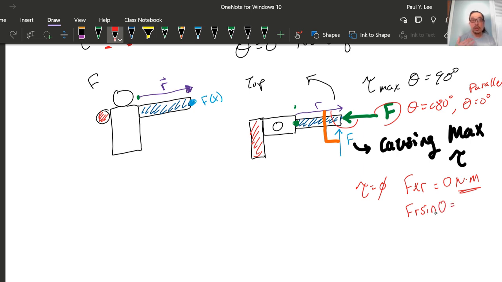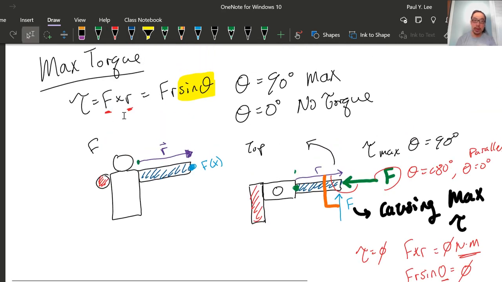So even if the person is pushing into your arm at a distance away from the axis of rotation, because it's not at 90 degrees, we get no torque. No torque. Okay, so you can only have torque if things are at a right angle of each other. All right, so that's the idea of cross product. We see this cross product a lot in nature. We just never thought about it before, where things have to be at a perpendicular nature to each other.